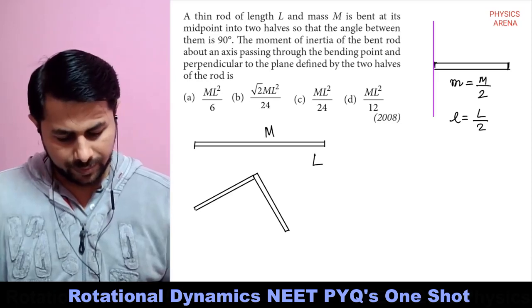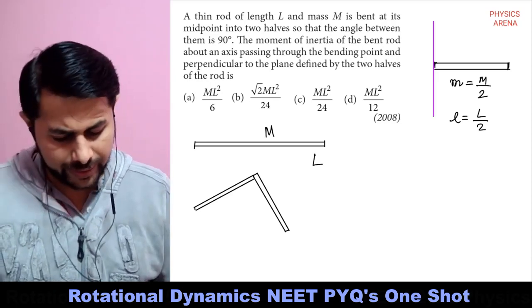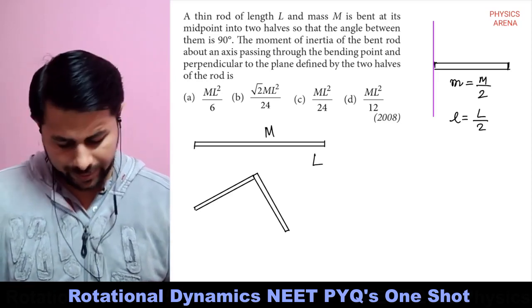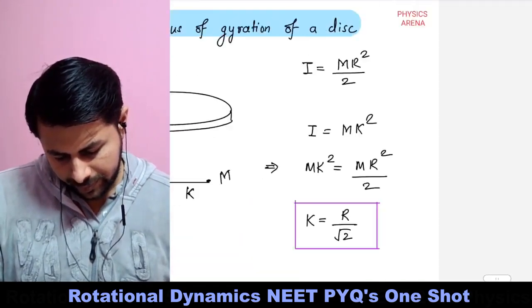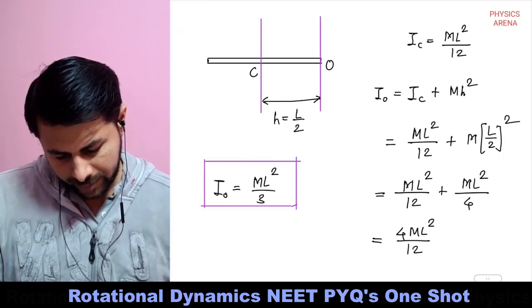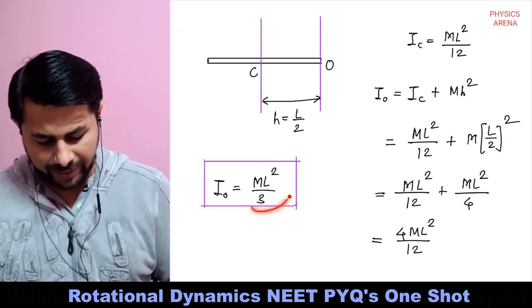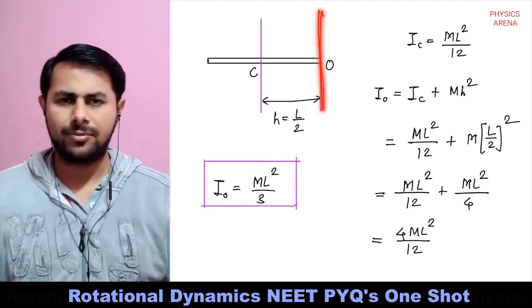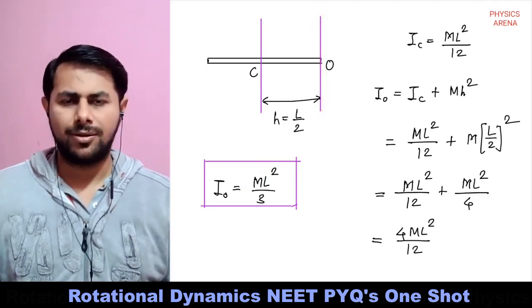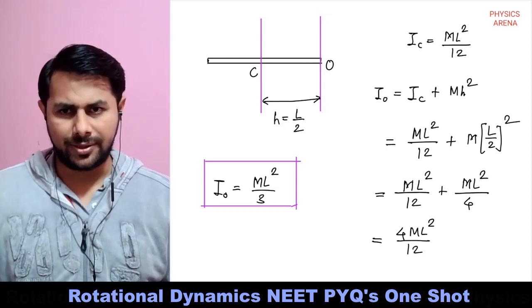Did we solve this? For a rod, did we solve? Yes, we solved it. It is ml square by 3, the moment of inertia about an axis passing through the end.